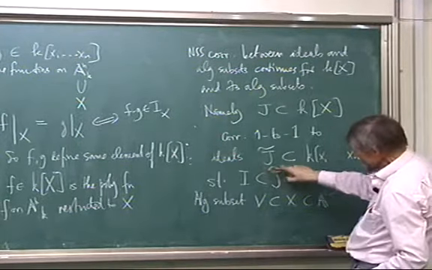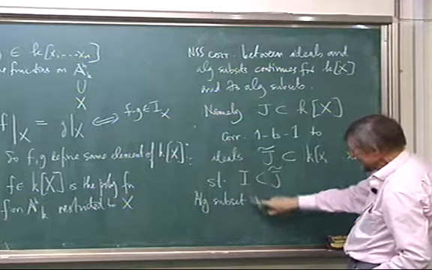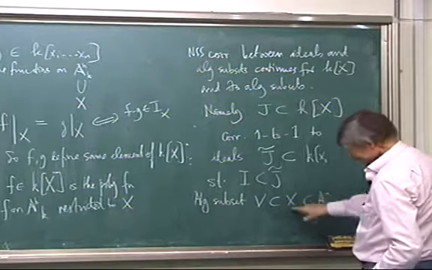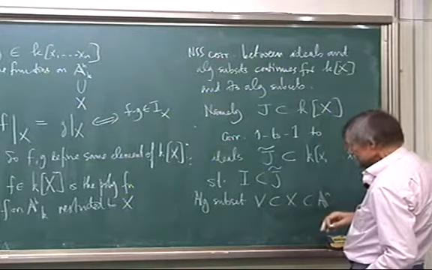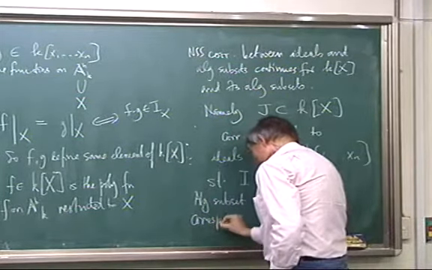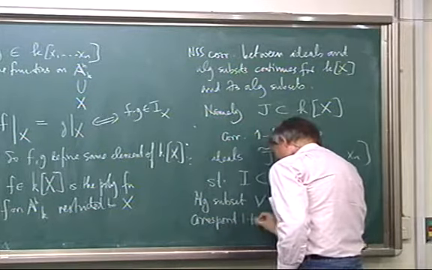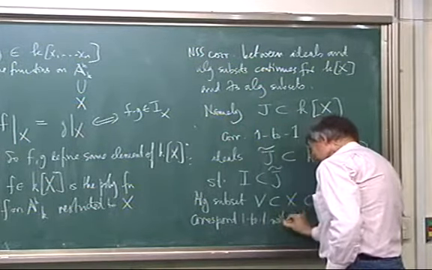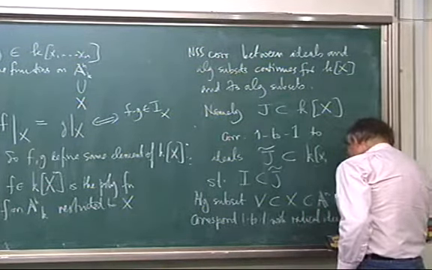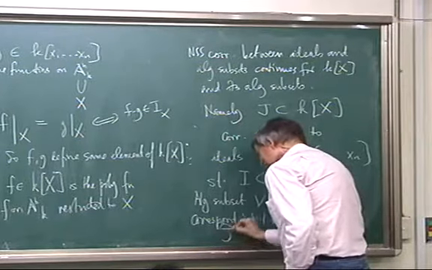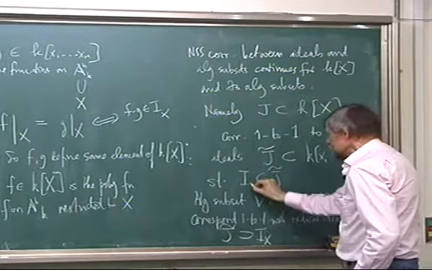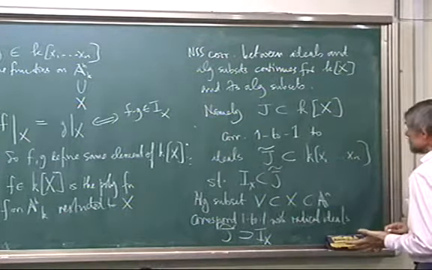His ideal is J twiddles, and the ideal certainly contains I, because I is the set of all things that vanish on X. So the things that vanish on X also vanish on V. Right? So these correspond one-to-one with radical ideals J twiddles that contain I.